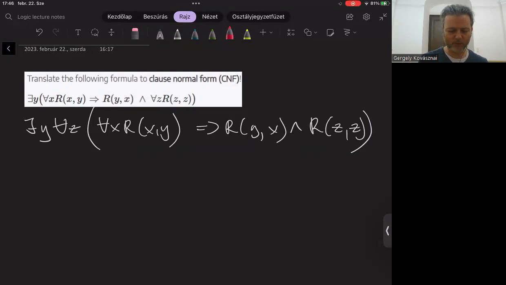Now, of course, we should lift the other quantifier, but first we definitely need to eliminate this implication, because the quantifier is on the left hand side of this implication. Anyway, let me eliminate this implication. I replace it with disjunction, and of course I negate the left hand side.